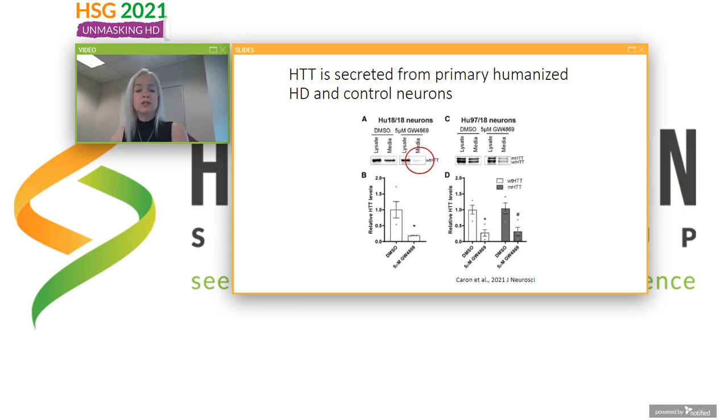And when we treat neurons with an inhibitor of this pathway, the extracellular huntingtin component is dramatically reduced. So that shows us that there is secretion of huntingtin from neurons. And we see this from HD neurons, where they secrete both mutant and wild type huntingtin, but importantly, we also see this from normal healthy neurons secreting wild type huntingtin. So we think this is just a normal process.